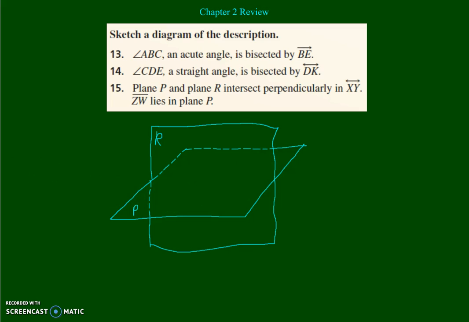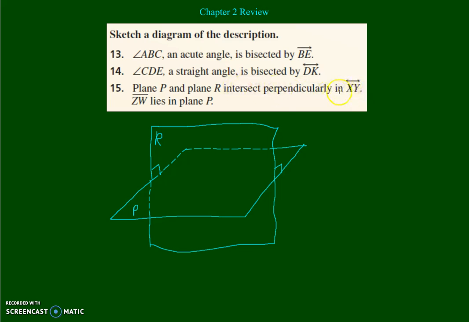So now what we're going to want to do is show that these two planes, plane P and plane R, are perpendicular. And the way we would do that is we would put this little right angle symbol in here, drawing it as close as possible to perspective. And it says that it is perpendicular in line XY.